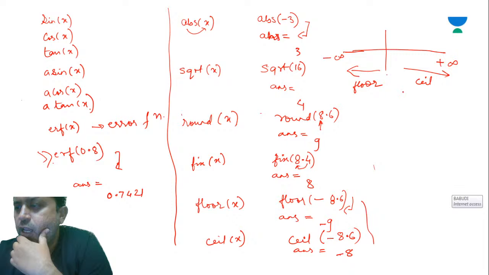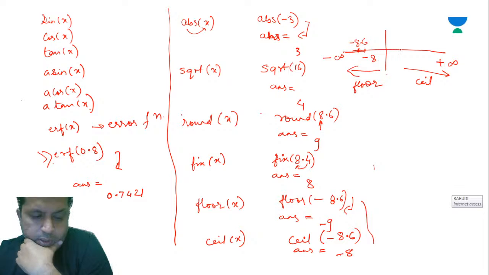Suppose this is minus 8.6. It will be like this only.